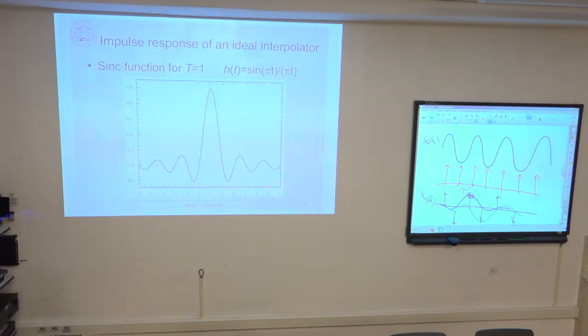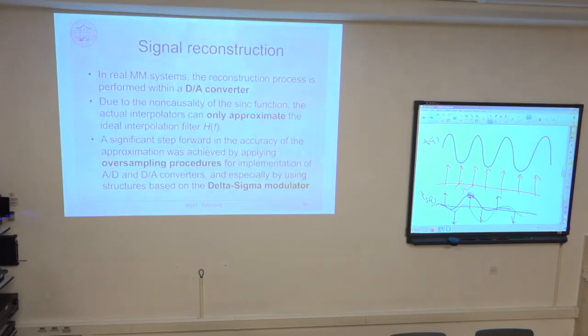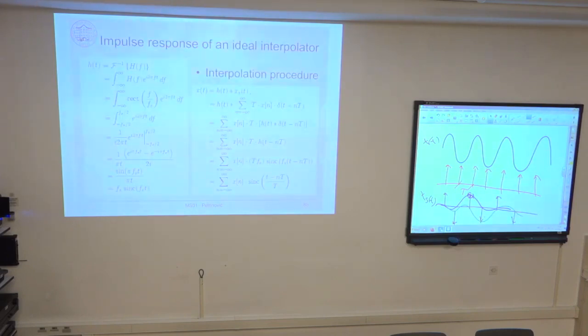According to this expression, I shift this sinc function left or right to the position of the nth sample. So this n is the index of the sample. So t minus n times period. So it is just a shift left or right by n times the period.